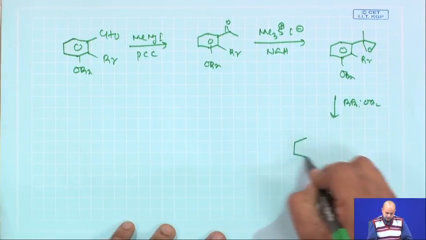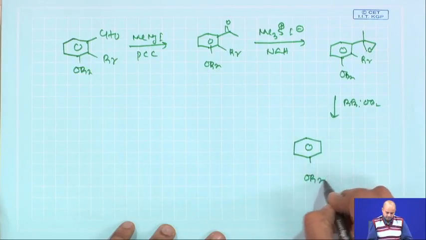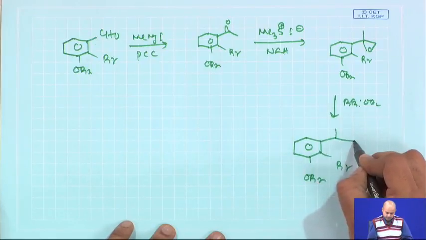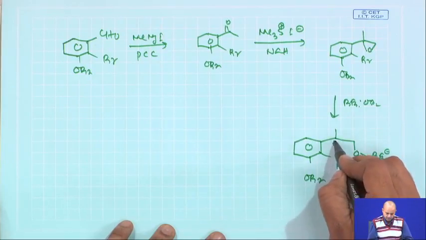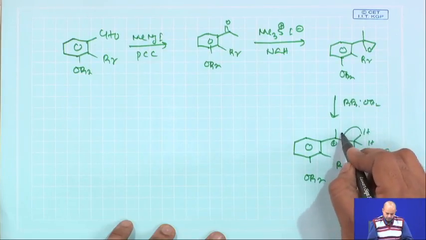So, initially you open up the epoxide, O BF3 minus, you have these things, there are two hydrogens, one hydrogen migrates here.